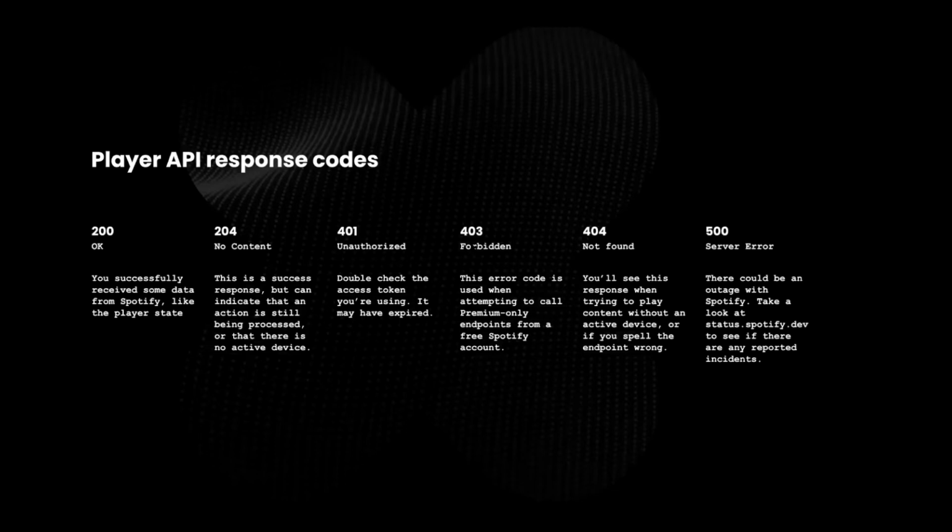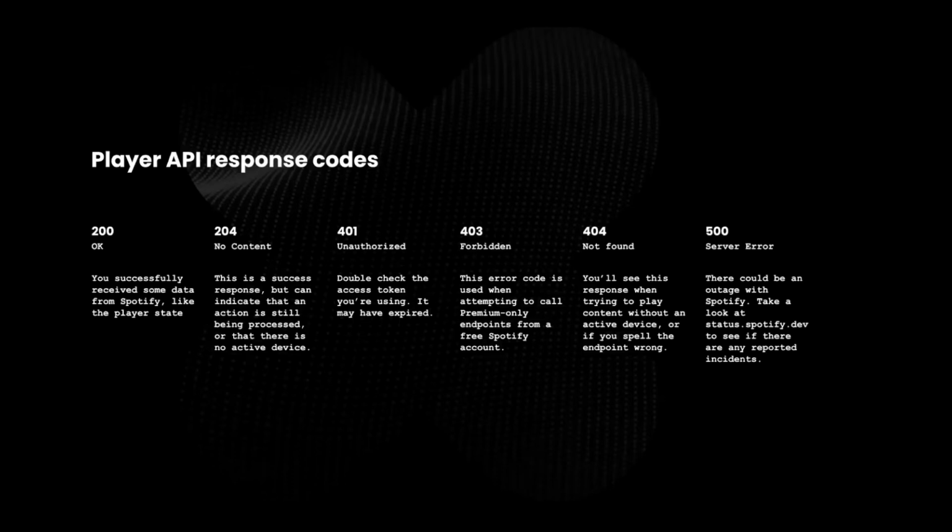So another code that you could see with the player API is 404 not found. So this is a code that you'll see most obviously if there's an issue with misspelling the endpoint that you're trying to call, which is a mistake that I made earlier this week. Then you'll see a 404 not found error.